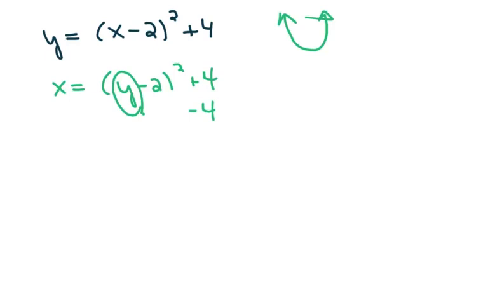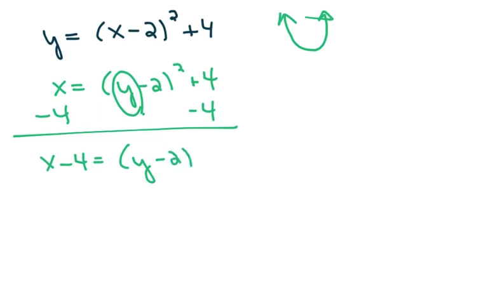You first move anything that can be moved by adding or subtracting. Then I can't add that 2 that's inside the parentheses because there's a square on the outside of the parentheses. So I have to get rid of the square next. The inverse of squaring is square rooting.